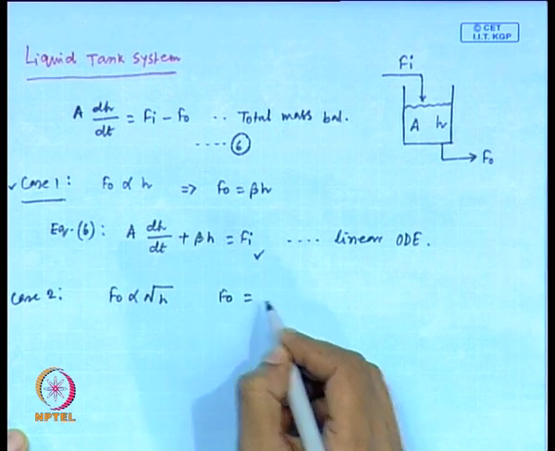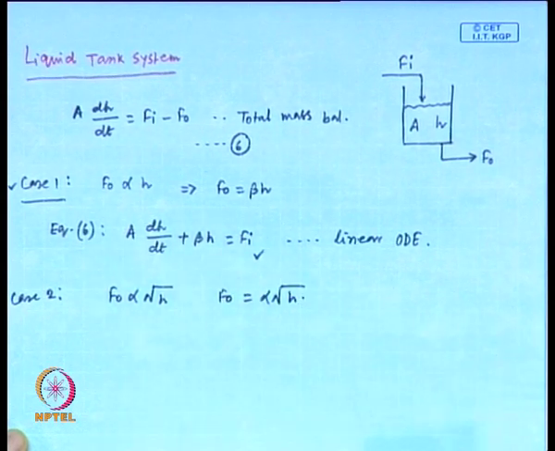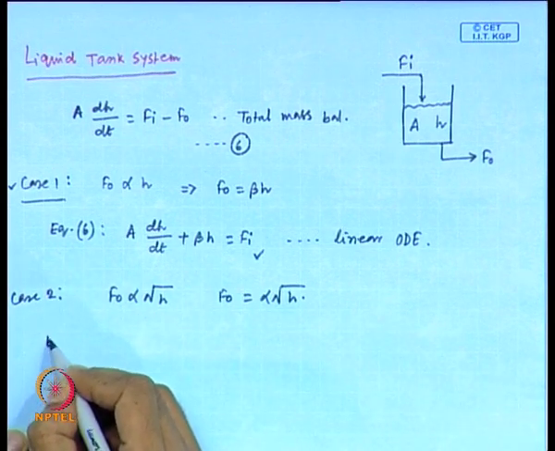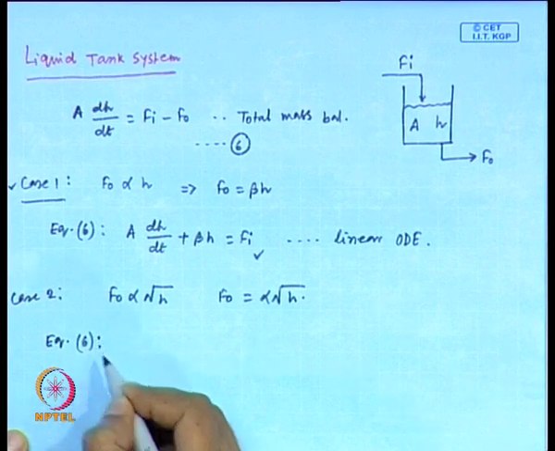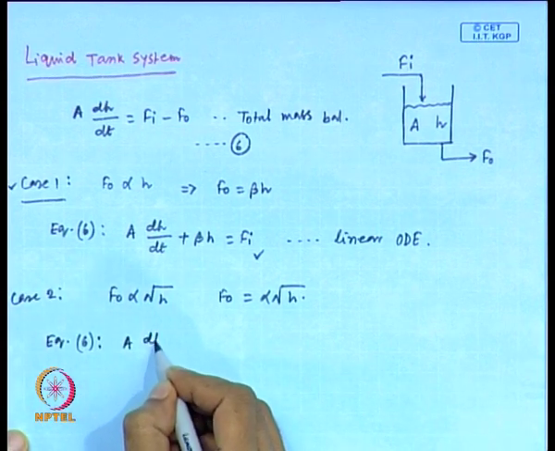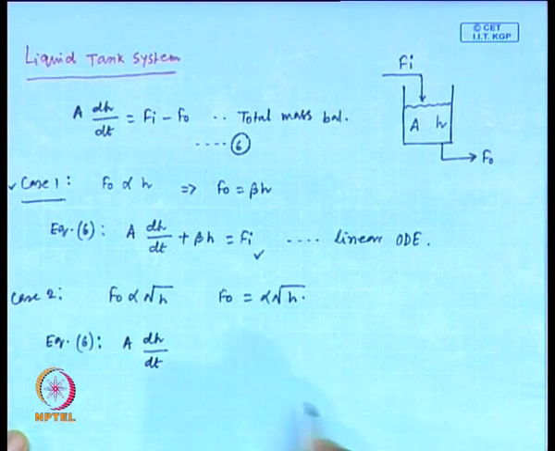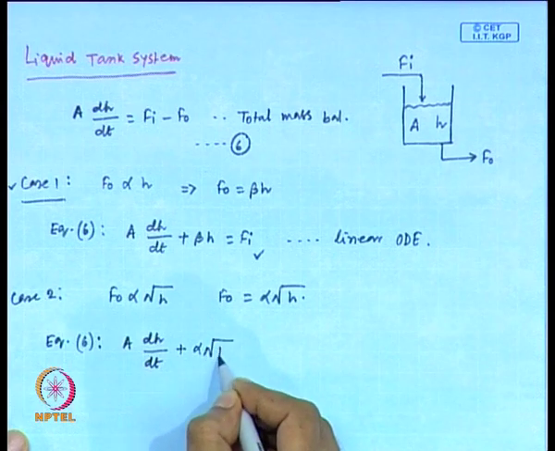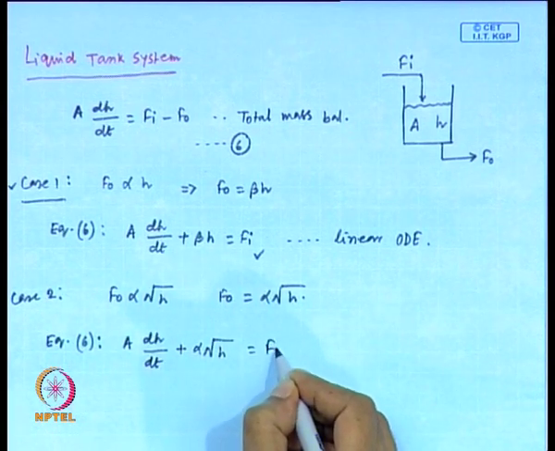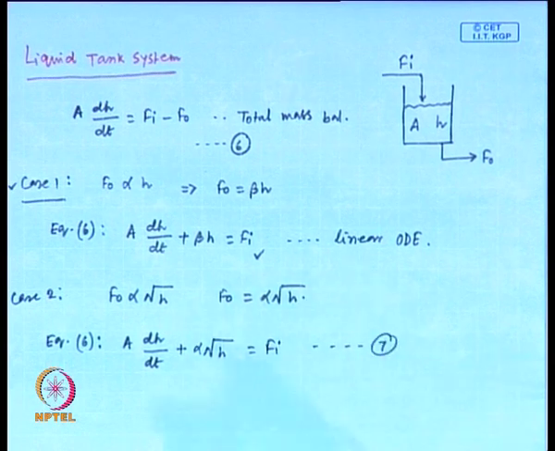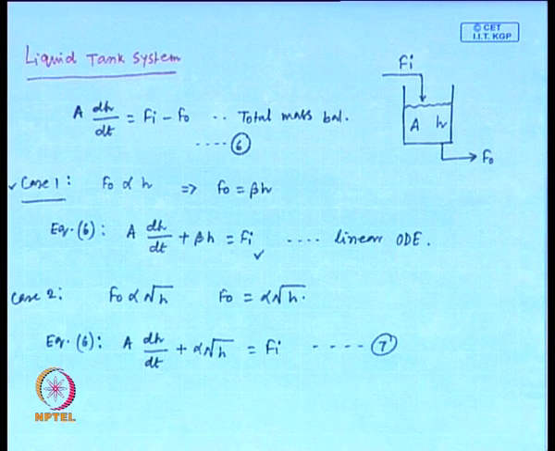That means F naught equals alpha root H. Now, if we substitute F naught equals alpha root H in equation 6, we have A dH/dt plus alpha root H equals F I. This is equation 7. This is not a linear ordinary differential equation.